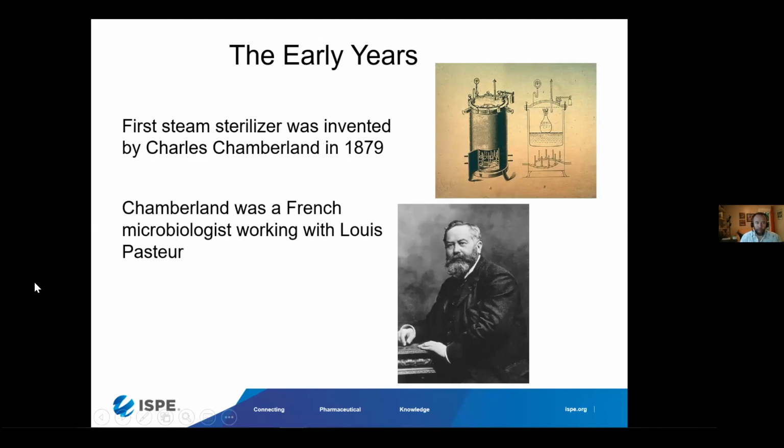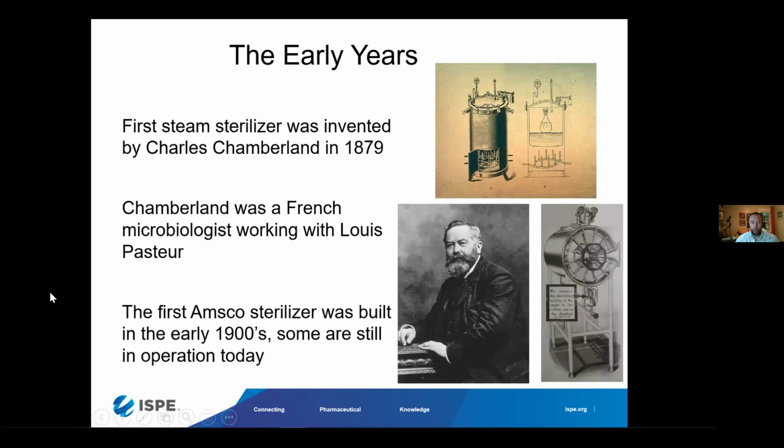Chamberland was working in France with a gentleman by the name of Louis Pasteur. He was also a microbiologist, really a founding father of bacteriology or microbiology in Europe at the time. These two were really integral in learning how microorganisms grow, but then fundamentally upon the invention of the autoclave, how microorganisms are killed in a steam sterilization process.